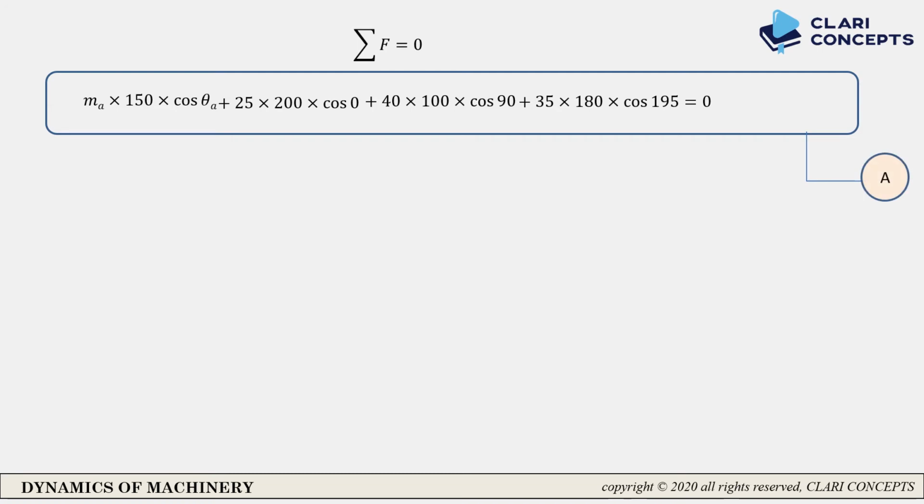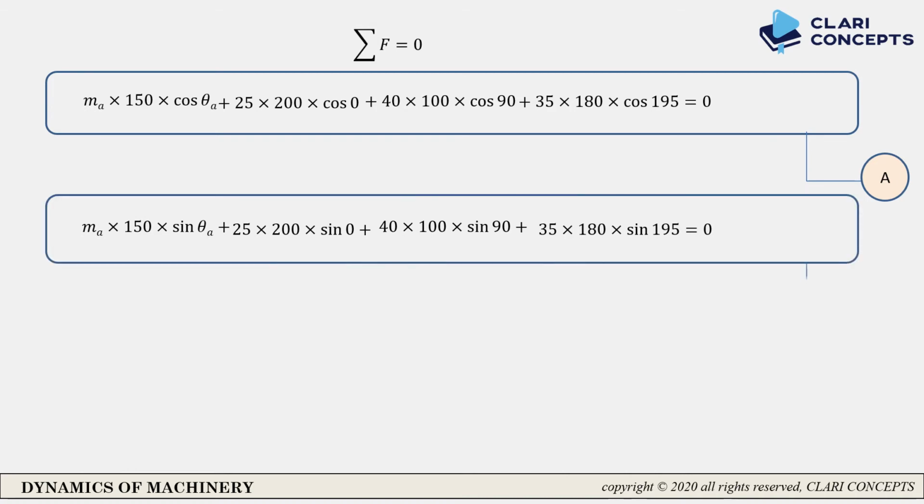The cos theta terms equation is named A, and the sin theta terms equation is named B. From equations A and B we can find the solution like that: MA into 150 is equal to under root of minus 1085.33 square plus 2369.44 square, when you take the square of both equations.